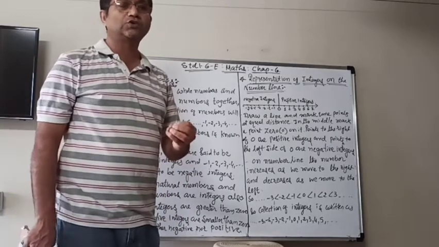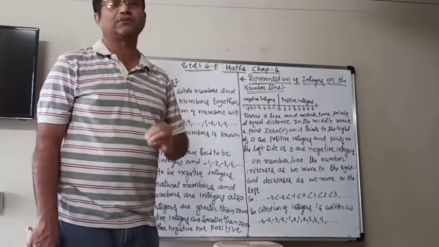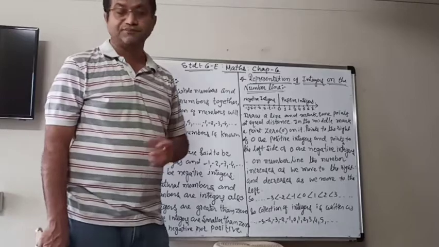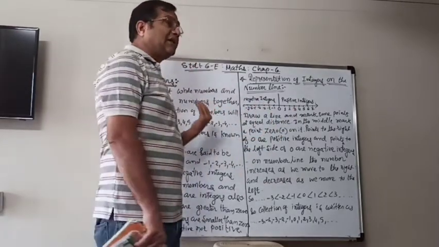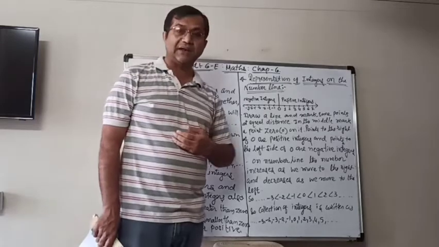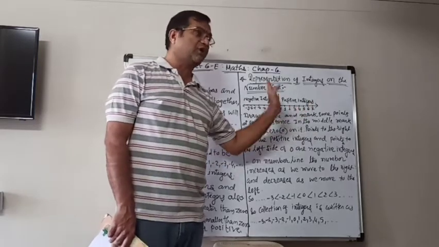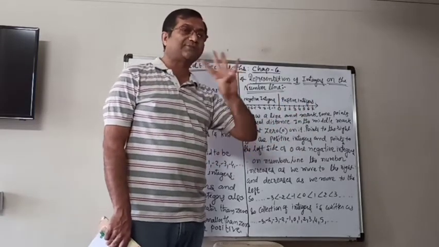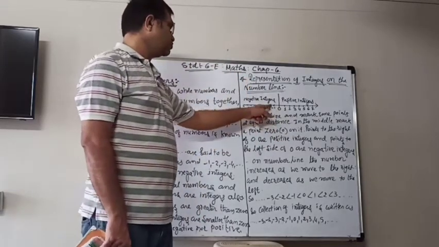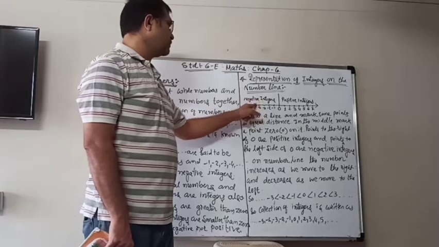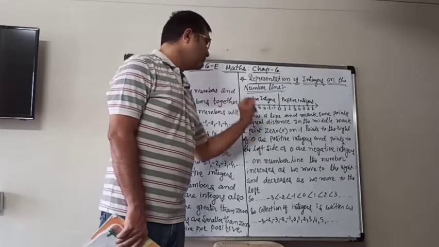Suppose you are told to represent -4. You know that negative integers are on the left side of 0, so you count 4 steps on the left side: -1, -2, -3 and -4. That number will be represented as -4.